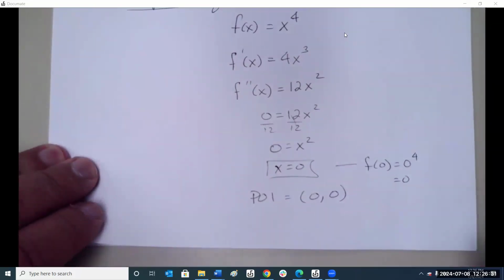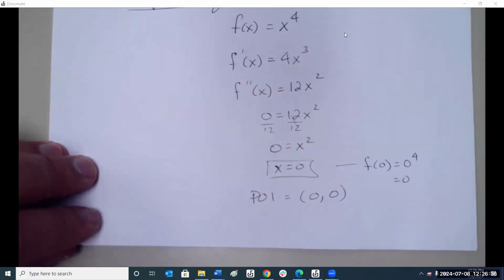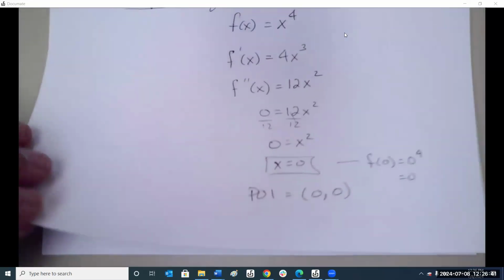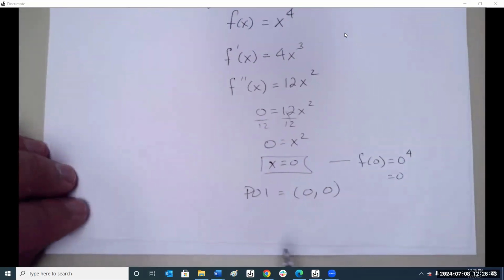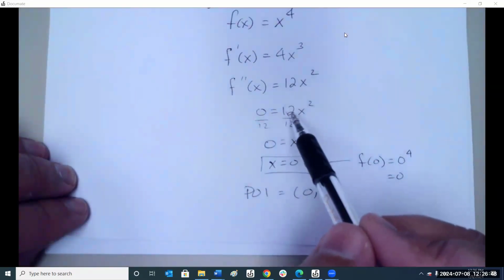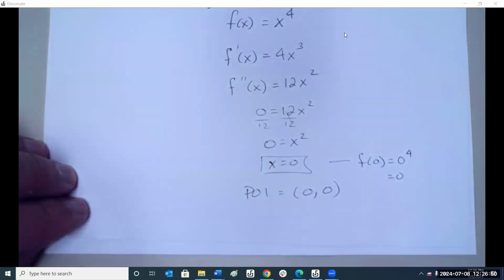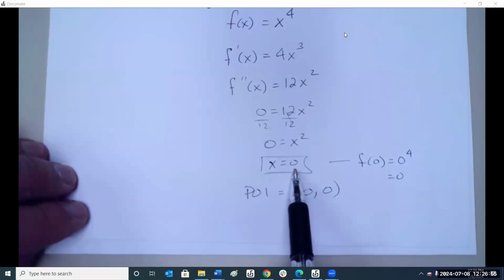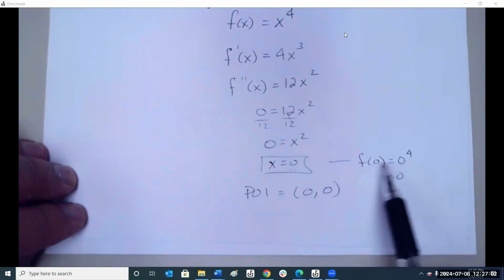Just take the first and second derivatives, take the second derivative, set equal to 0, and that tells us the x. If you get an x value, if it's valid, then that's the x component of the point of inflection. It happens at that x value. The point of it is plug it in the original, so it's the point there.